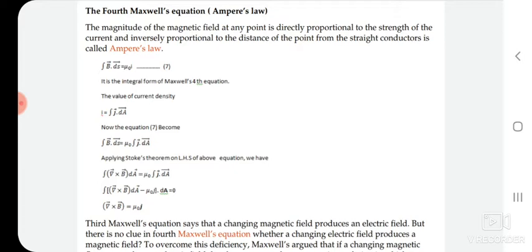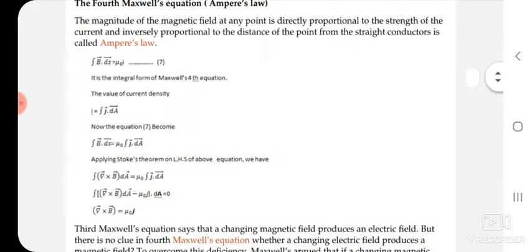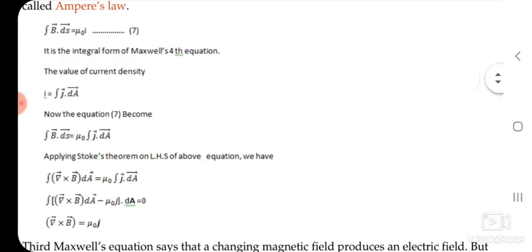Now, the current in terms of current density is I equal to the surface integral of J dot dA.